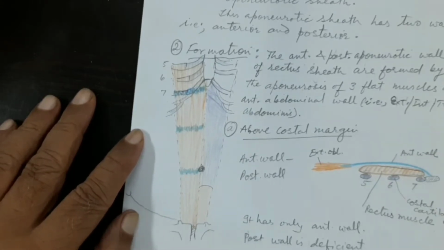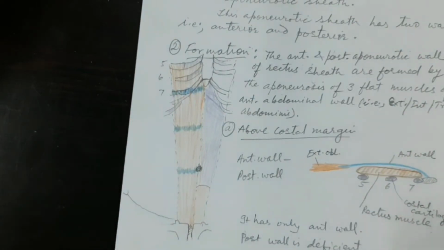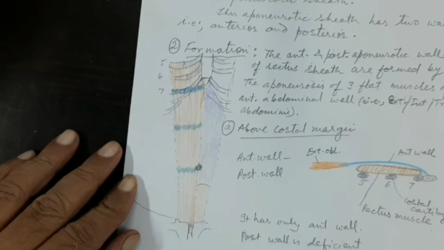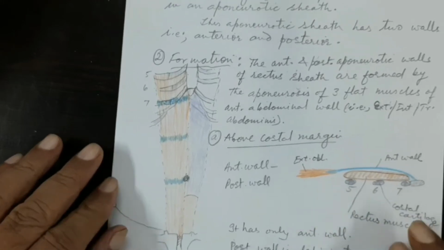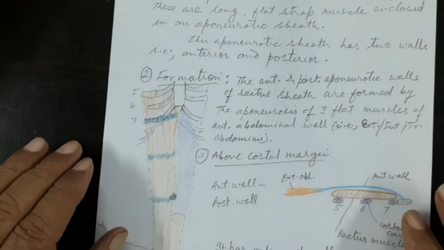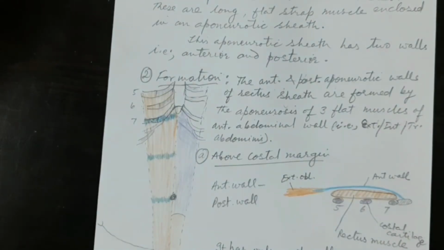These are the tendons of the external oblique abdominis, internal oblique abdominis and transversus abdominis. As these muscles go towards their insertion in the midline on the linea alba, they are flat aponeuroses, and the flat aponeuroses of these three muscles ultimately enclose this long muscle, rectus abdominis, on either side and form the rectus sheath.